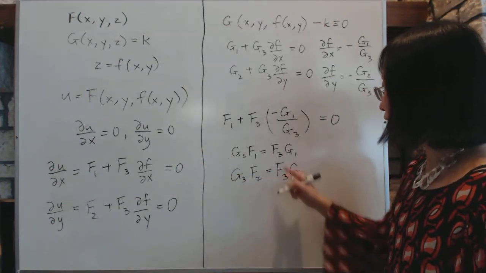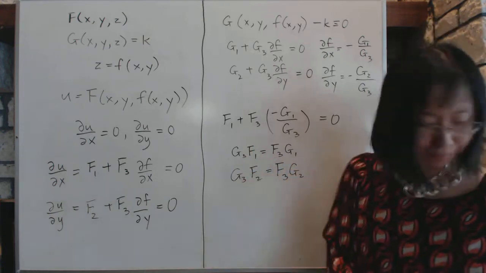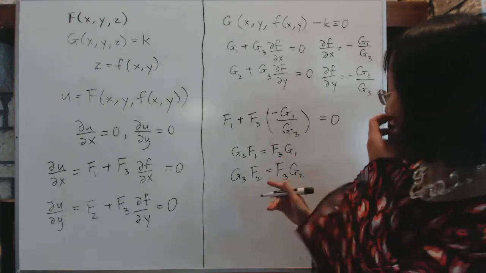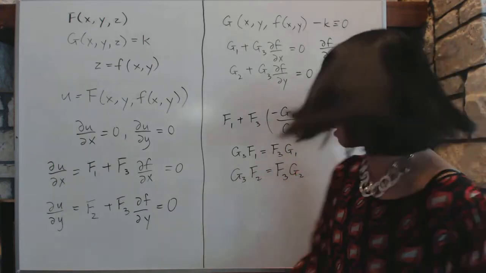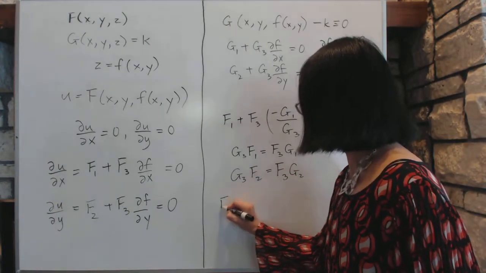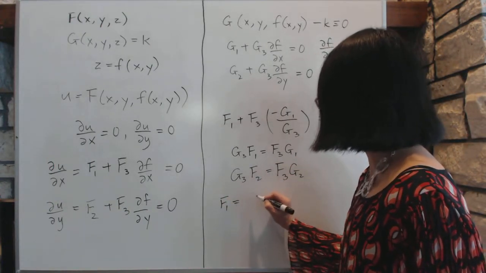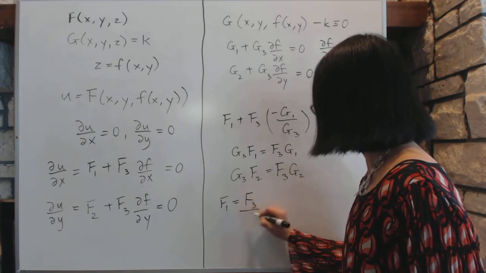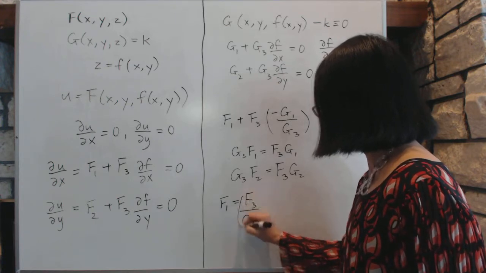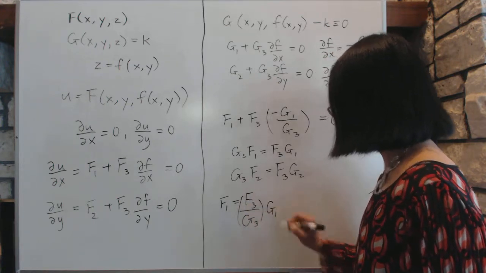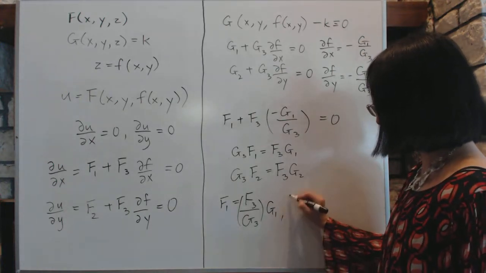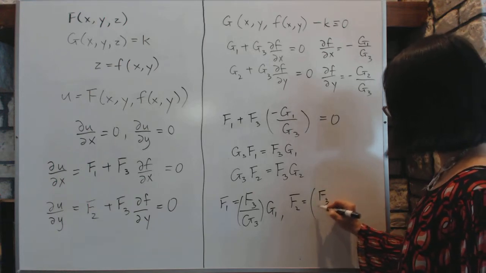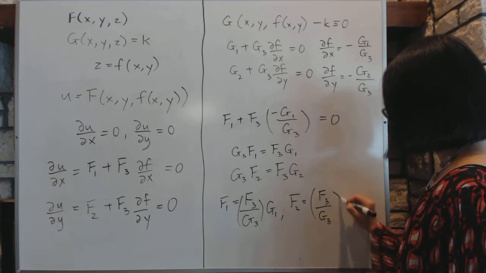That's the relationship for setting the partial derivatives to be 0. Look at what this means: the functions have a set proportion. If you solve for f1, f1 equals f3 divided by g3 times g1. Similarly, f2 equals f3 divided by g3 times g2.